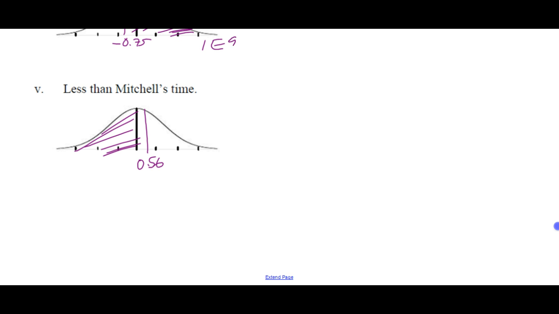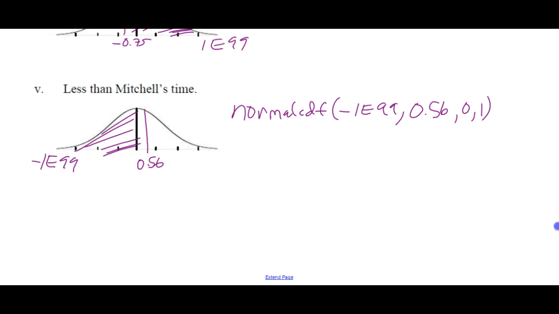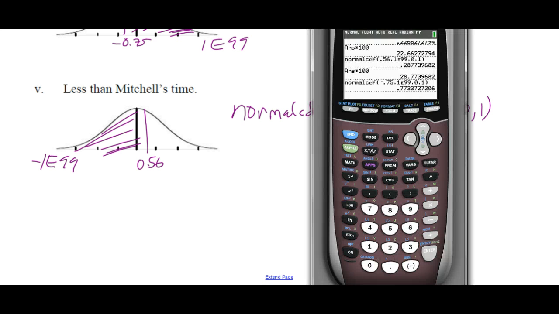So here, maybe we write in the 1E99, and here, negative 1E99. When you do normal CDF, you're going from left to right. You're taking your left number, negative 1E99, up to the high number 0.56, and if you want you could put in the 0 and the 1. You don't have to, it'll default to that.